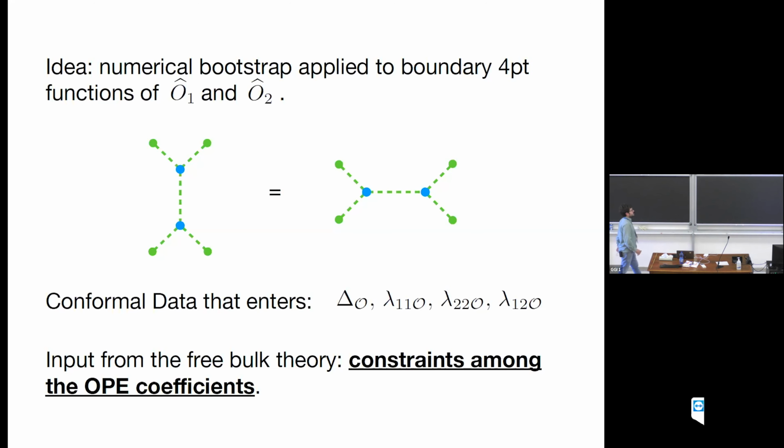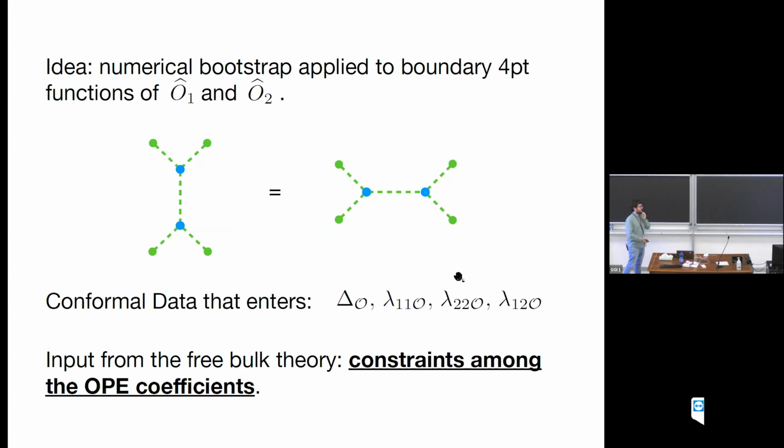And we are going to use the more usual bootstrap constraint of crossing symmetry on 4-point functions for the mixed set of correlators of these two operators.